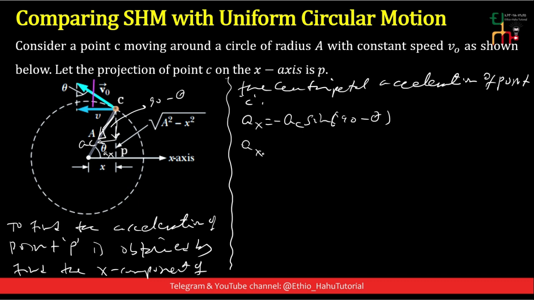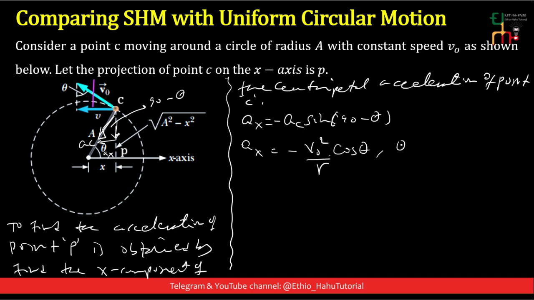This implies ax is equal to minus ac, where centripetal acceleration is v naught square divided by r, times sine of 90 minus theta, which is the same as cosine of theta.